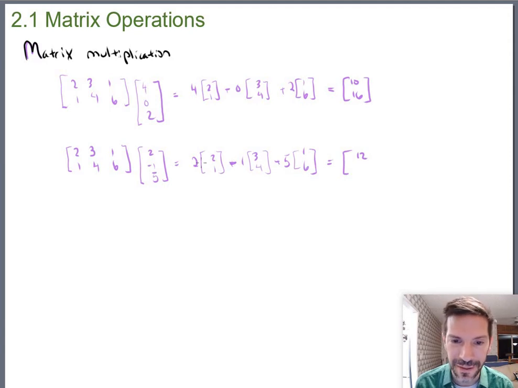Sorry, I forgot this was a minus. 4 minus 3 is 1, plus 5 is 9. Okay, on the bottom, 2 minus 4 is negative 2, plus 30 be 28.